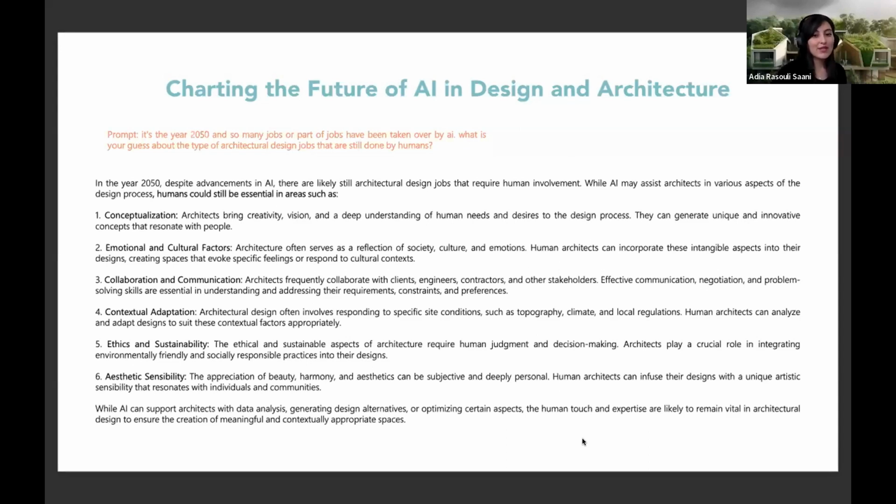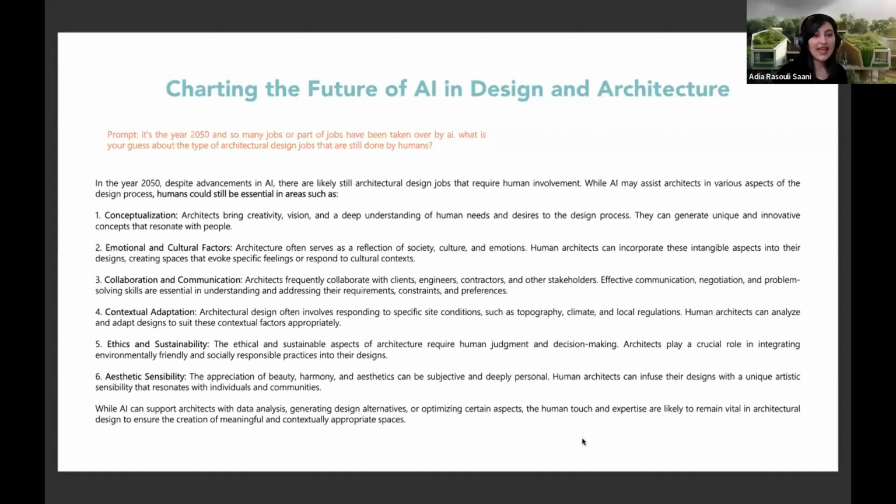Three, collaboration and communication. Architects frequently collaborate with clients, engineers, contractors, and other stakeholders. Effective communication, negotiation, and problem-solving skills are essential in understanding and addressing their requirements, constraints, and preferences. Four, contextual adaptation. Architectural design often involves responding to specific site conditions, such as topography, climate, and local regulations.